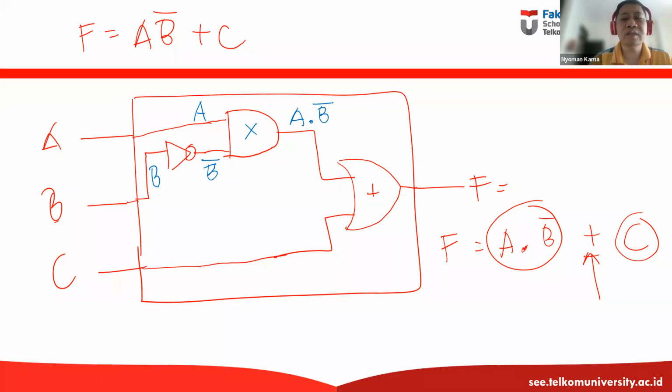And then this one is C, and then we come to the OR gate, which makes the output F equal to A B naught plus C. Okay, so this is how we do the design or synthesis procedure.